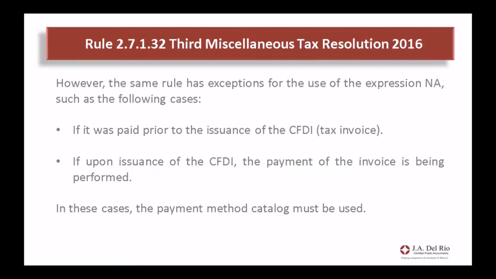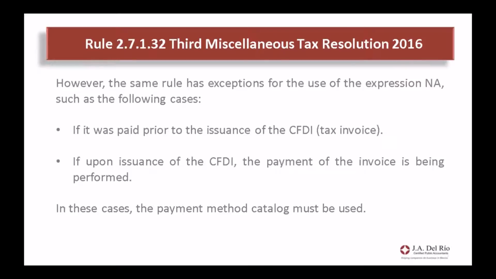And then the second restriction will be if at the moment of creating the invoice you are receiving the payment, you cannot use NA. The reason is because in both of these cases you will already know which is the method of payment. Therefore, you will be obligated to indicate the exact method of payment.